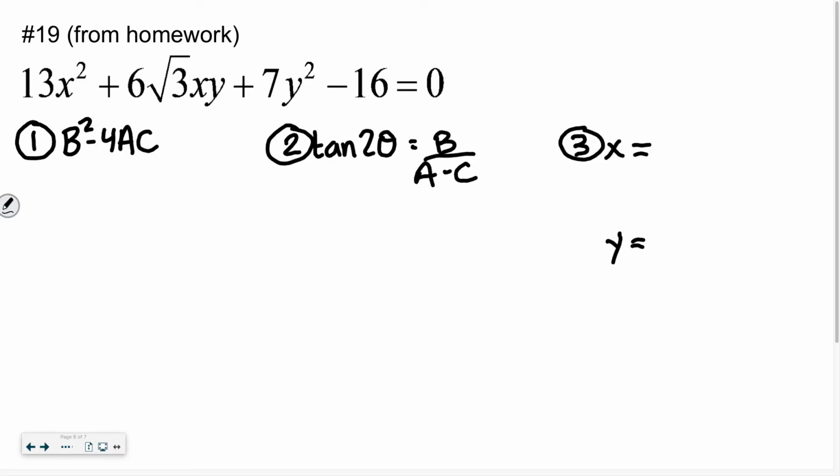We just end up solving it. Yeah. What do you guys do for your tangent?